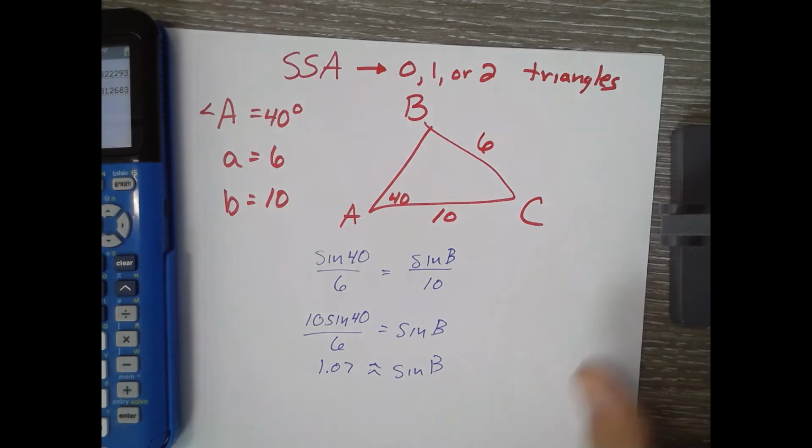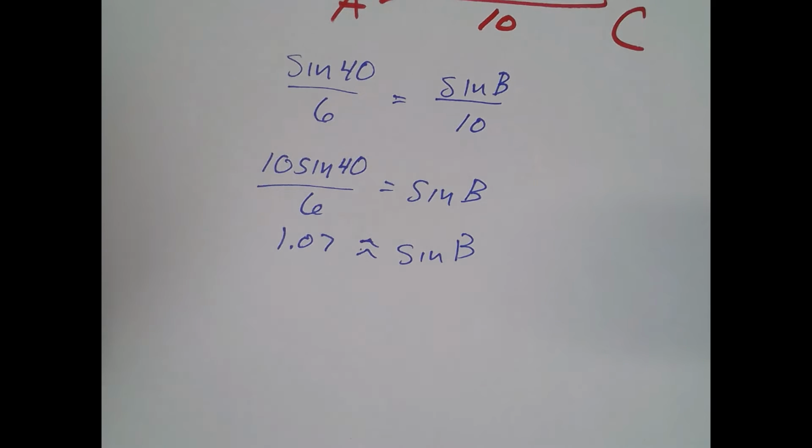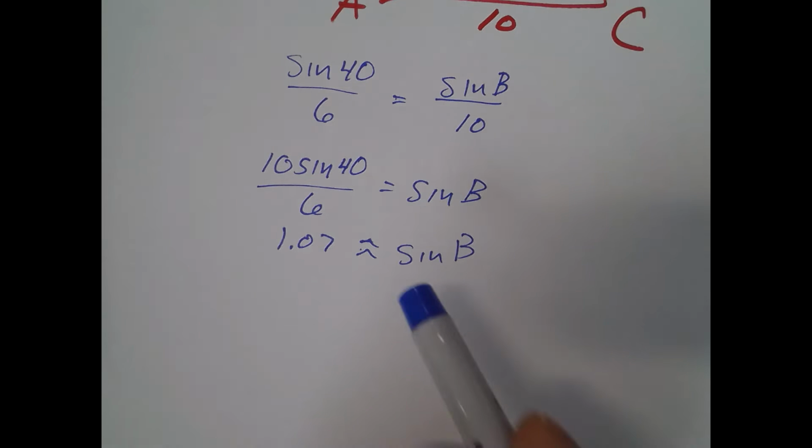How do I figure out what B is if I have a number equal to the sine of? Very good, inverse sine. So everybody figure out what the inverse sine of 1.07 is. Hit second sine, 1.07, and what's your calculator tell you? It's yelling at you, isn't it? Yeah, something's wrong. Why would that be? What angle has a sine of 1.07?